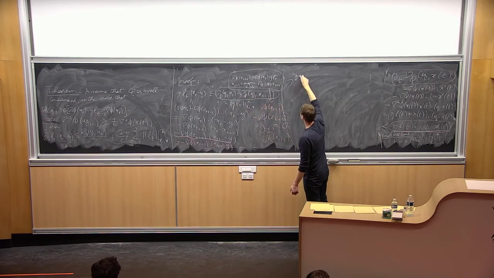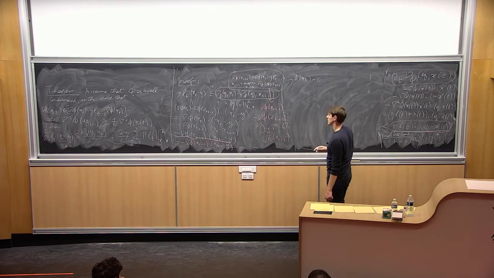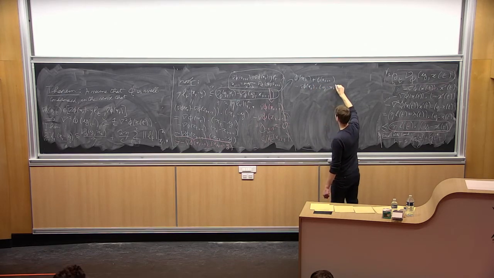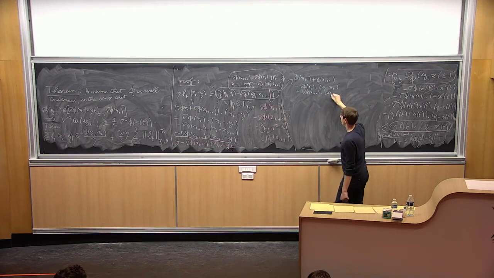What I'm left with is phi of x_t minus phi of x_{t+1}, minus grad phi of x_t dot y minus x_t, and plus grad phi of x_{t+1} dot y minus x_{t+1}.